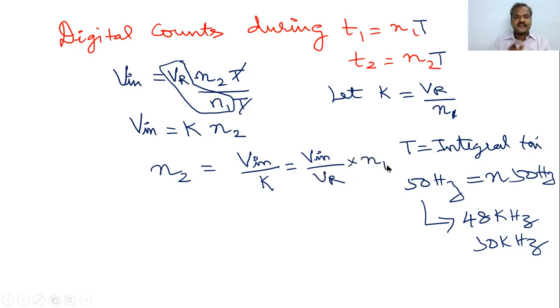N1 is the number of pulse counts during the first integration period. Okay, that is 1000. So N2 is total counts.